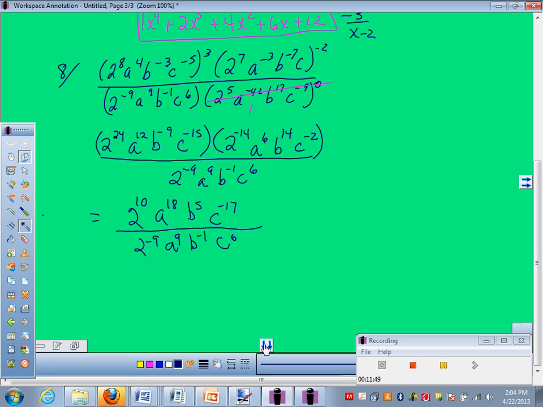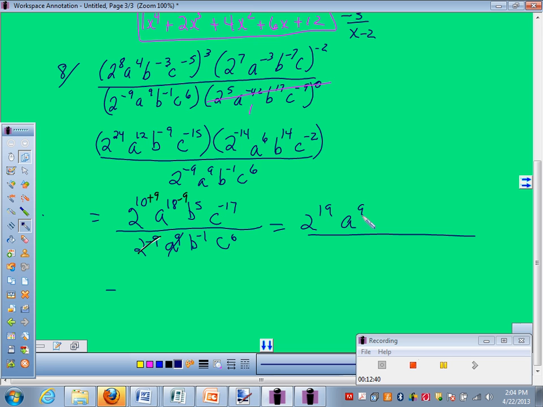So yes, I'm going to move the negative 9, because I want it to be positive, I'm going to move it up. When I bring negative 9 up, it'll become a positive 9, which means I have 2 to the 19th. And then A's, which way do you want to move your A's, up or down? A's go up, so I would take the positive 9 that I have here, and I would subtract 9, which is A to the 9th then.